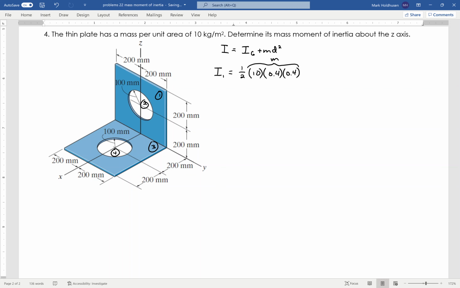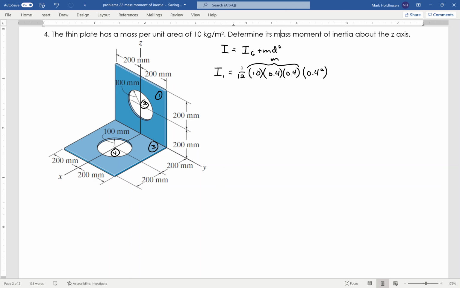And then the length of that is 400, so it's 0.4 squared. That's when I look up a plate flipping as opposed to rotating it. It should be 1/12 ml squared. That is the centroidal axis, right?